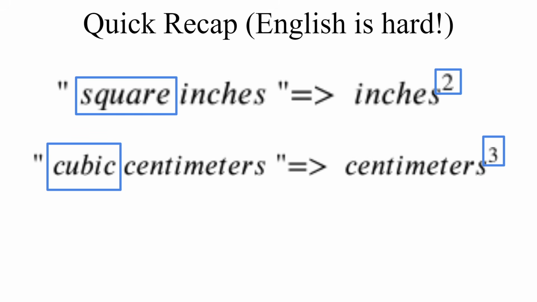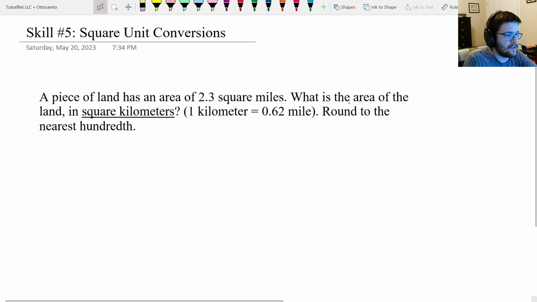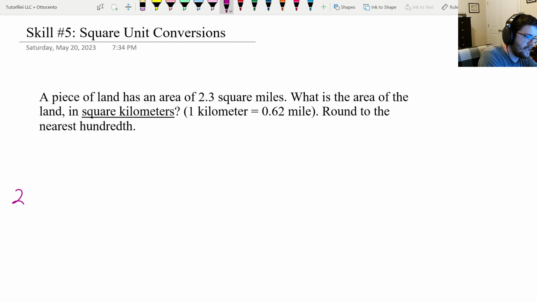All right, let's do the example now. Okay, so for this one, they tell us we've got 2.3 square miles, which I'm going to just write as miles squared. And we don't have a unit conversion with square miles. We just have miles. So we're going to do what we talked about before.